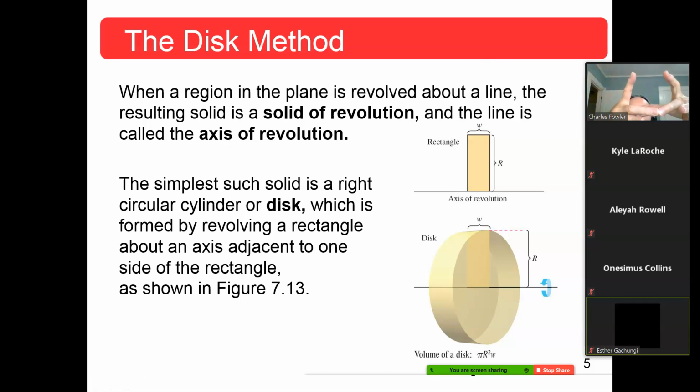Usually we think of them sitting down on the base here, and then however tall it is, multiply the base times the height, and you get the volume. The base of a right circular cylinder, though, is a circle. That's why they call it right circular cylinder. So we find the area of the base and multiply it by its width or height.